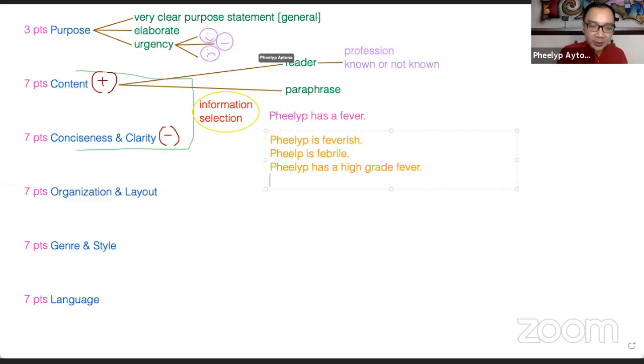Come on, 7 more. Diana says Pheelyp has a temp of 38 degrees Celsius. Correctly saying this: Pheelyp has a high body temperature.